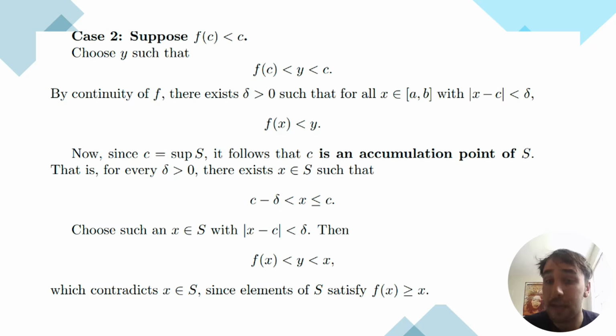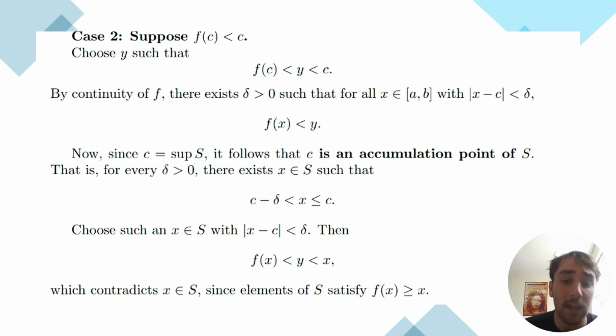So it lies below the line f of x equals x. And if it lies below the line f of x equals x, then there's a positive distance between that point and the line. That means we can choose a point between C and the line f of x equals x.